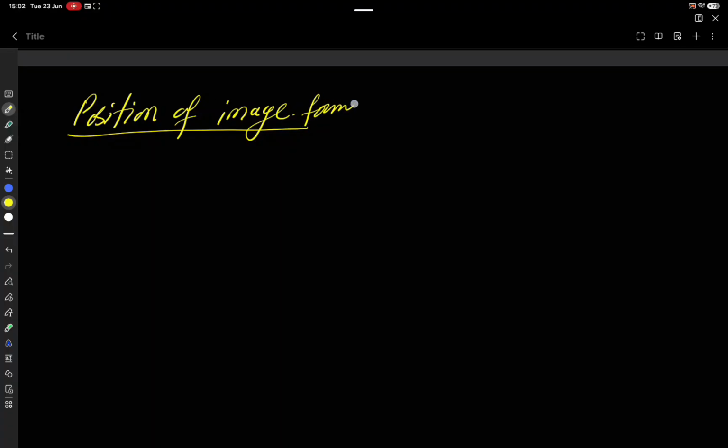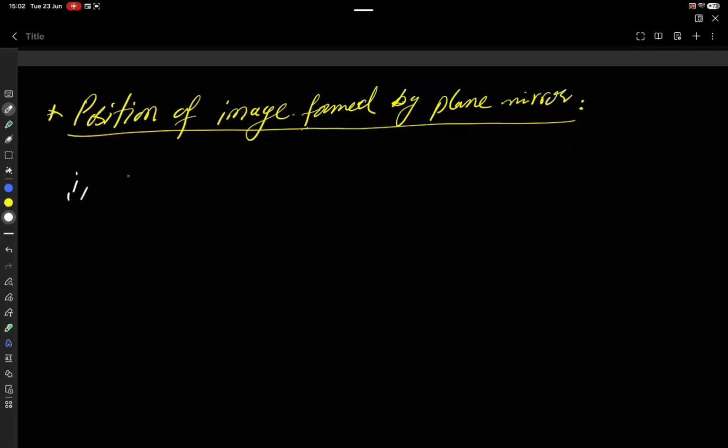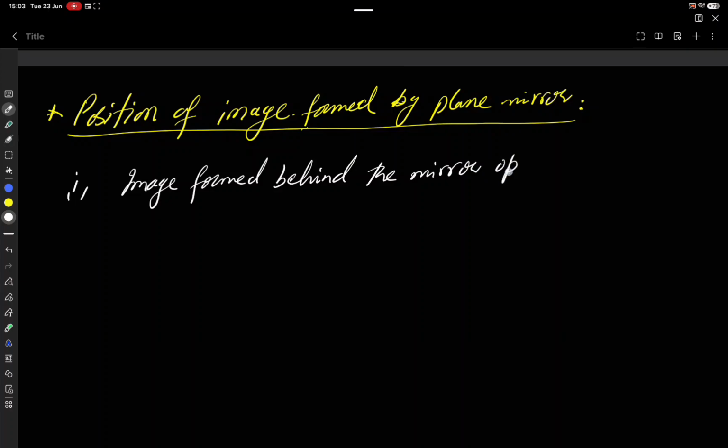Now the position of image formed by plane mirror: the image is formed behind the mirror, opposite of the object.